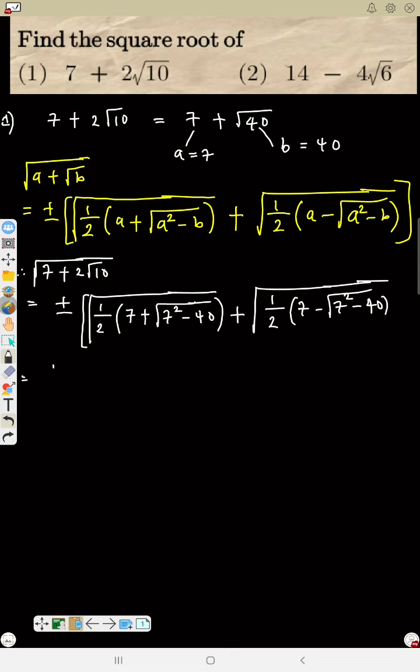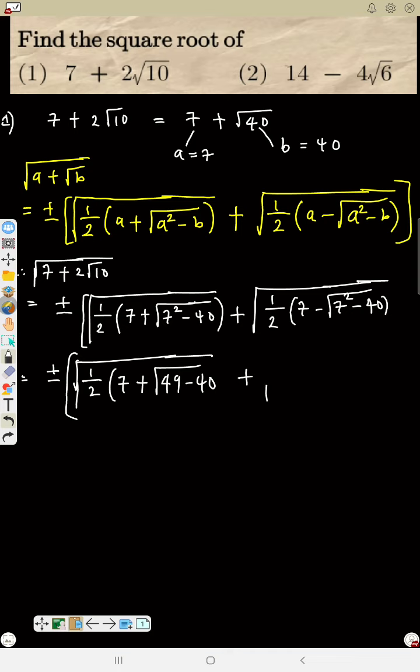So this is plus or minus square root of 1 over 2 bracket 7 plus square root of, now 7 square is 49 then minus 40, plus square root of 1 over 2, then 7 minus square root of 49 minus 40.